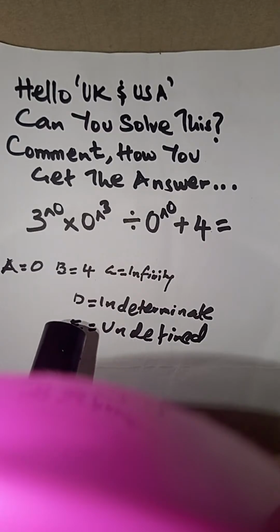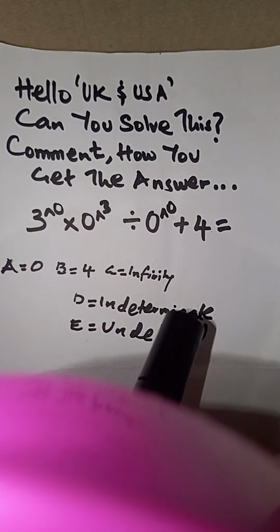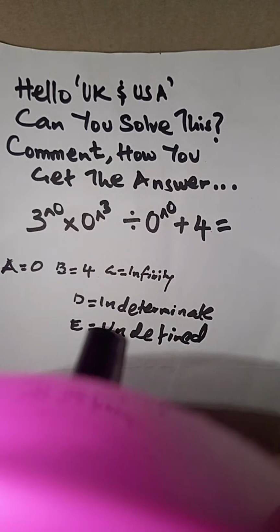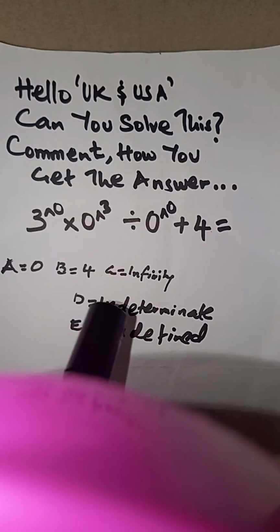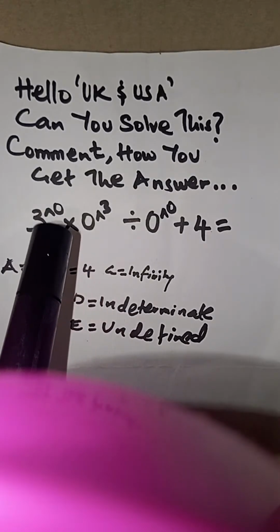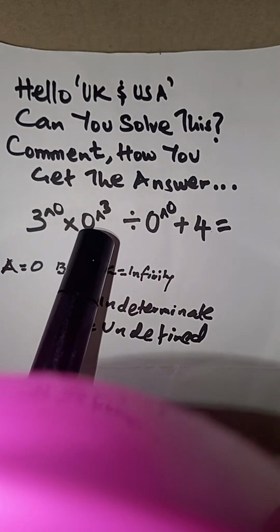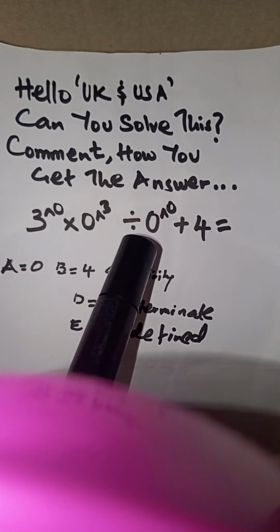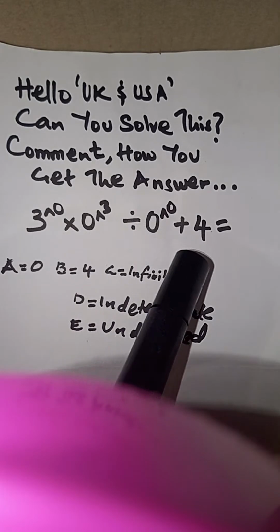So guys, how do we get 7.3 in this typical equation? 3 to the power 0 multiplied by 0 to the power 3, then you divide by 0 to the power 0 plus 4.